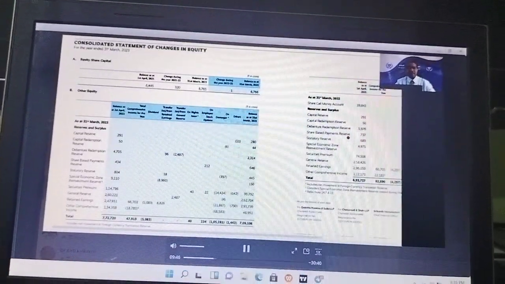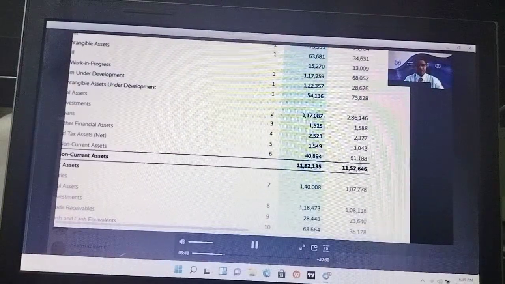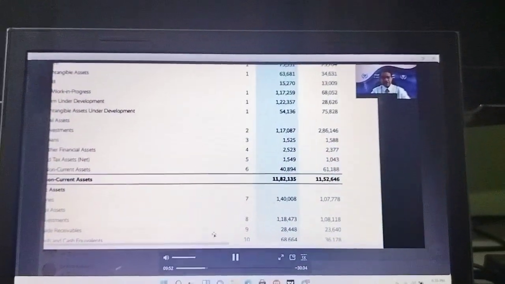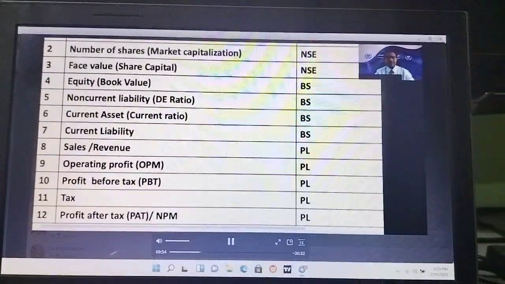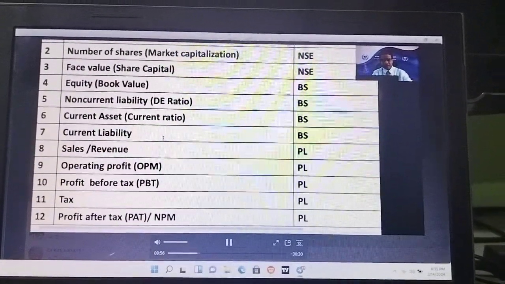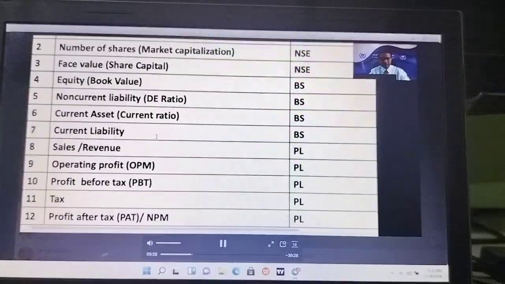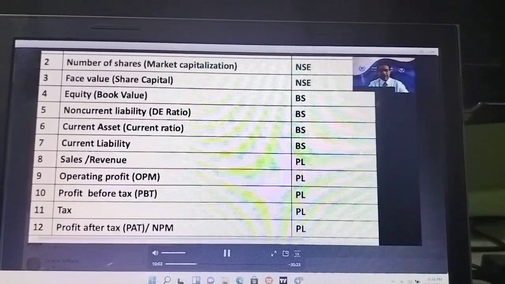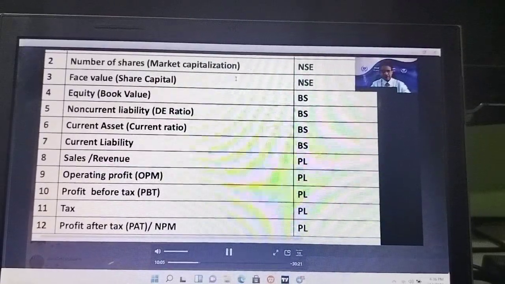Before that, I'll explain the change in equity statement briefly. But first, let's do some ratios on the balance sheet. On the balance sheet, you take the debt to equity ratio. Debt equity ratio is non-current liability divided by total equity.